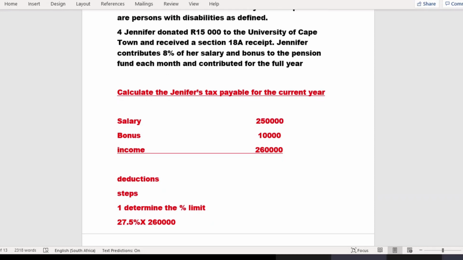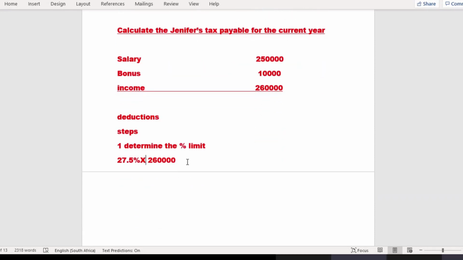Yes, let me calculate it quickly. You will give me the figure when you're done. It's 71,500. Okay, and the amount is 71,500 rand. All right, now how do you move forward?